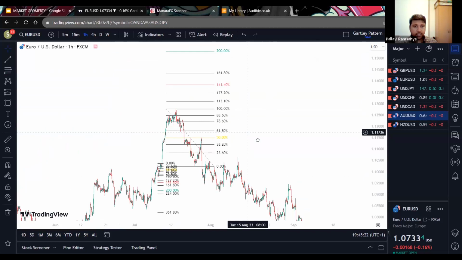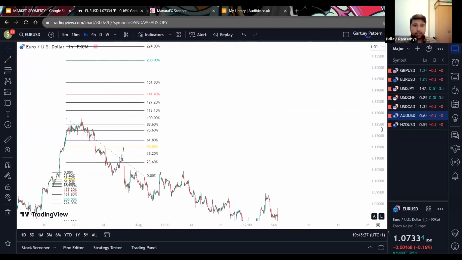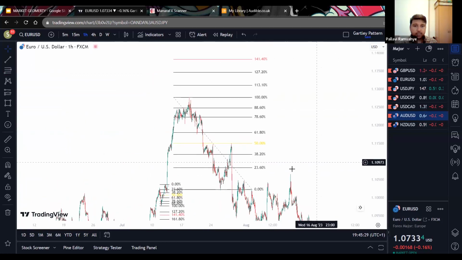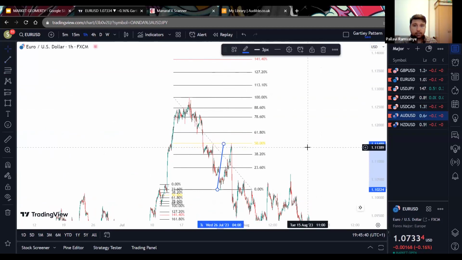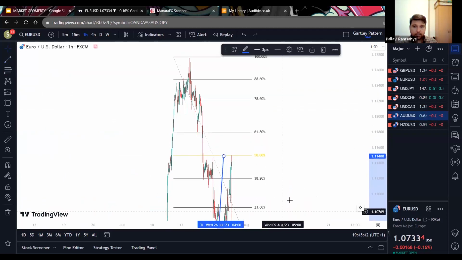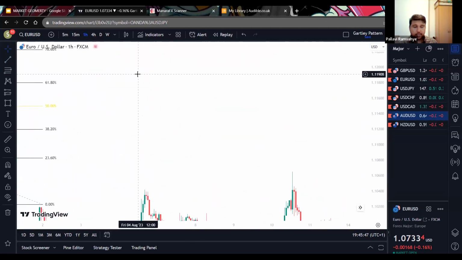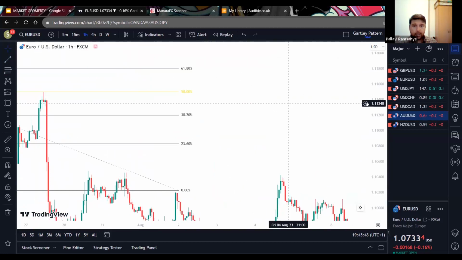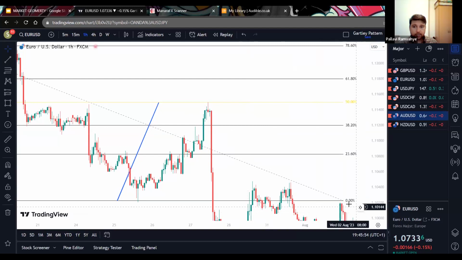Look what happened here. I haven't even preempted this pattern or this reaction. So look at this. Price has retraced to 50%. 50% is gold for a reason. Look how precise this is. This is why I personally believe everyone should be learning how this works.